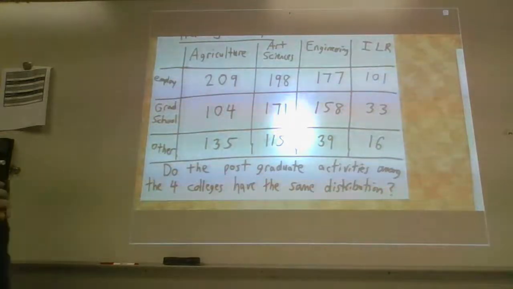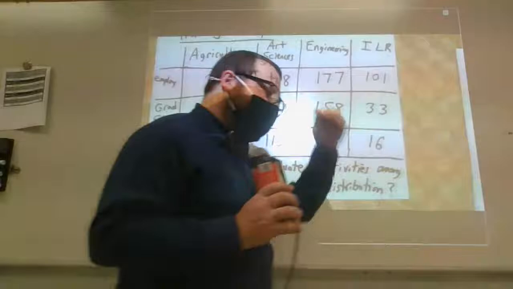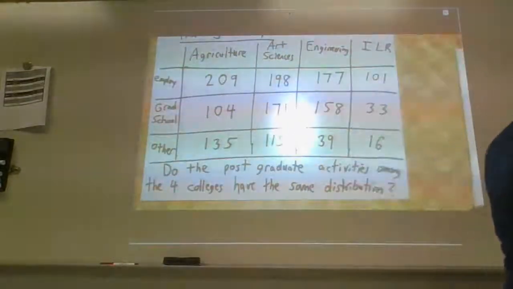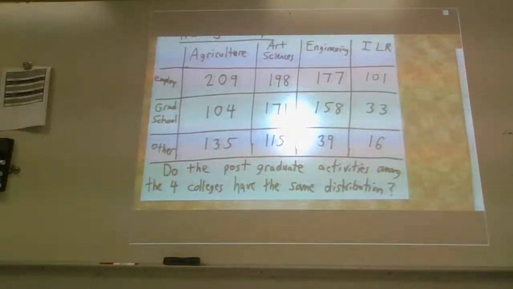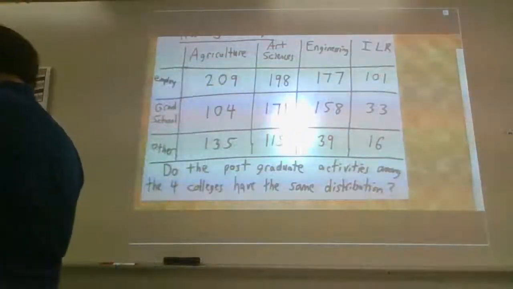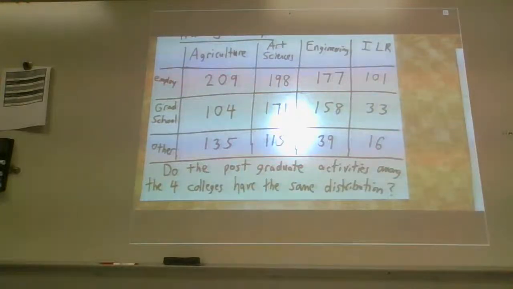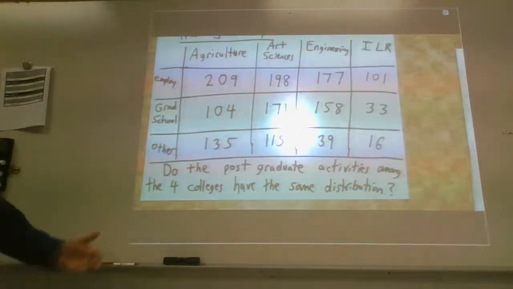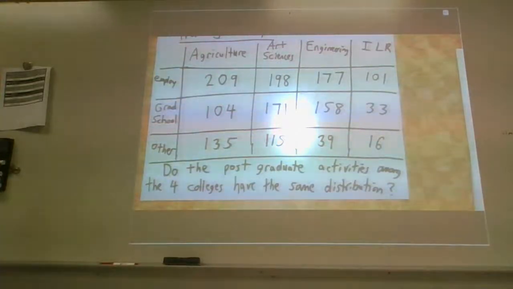If you want to be a doctor, pretty much you have to go to this form of grad school called medical school. If you want to be a lawyer, you have to go to law school after you get your bachelor's degree. So what you're studying may determine what you end up doing after you graduate with your bachelor's.